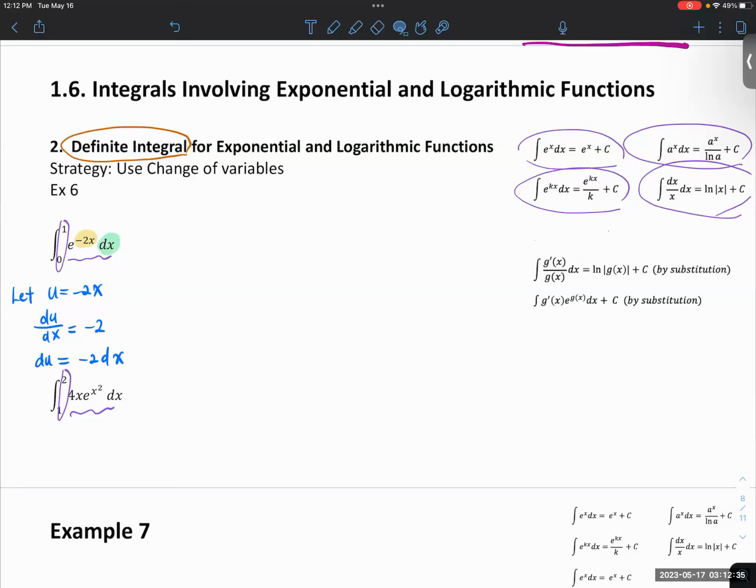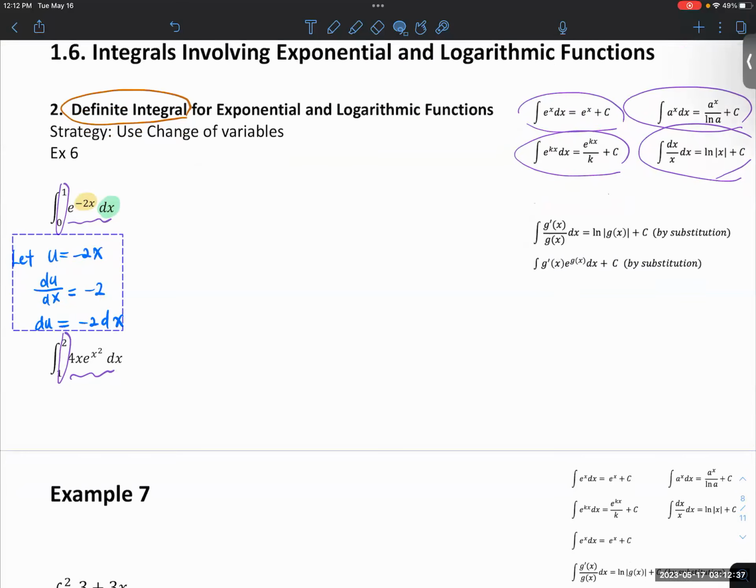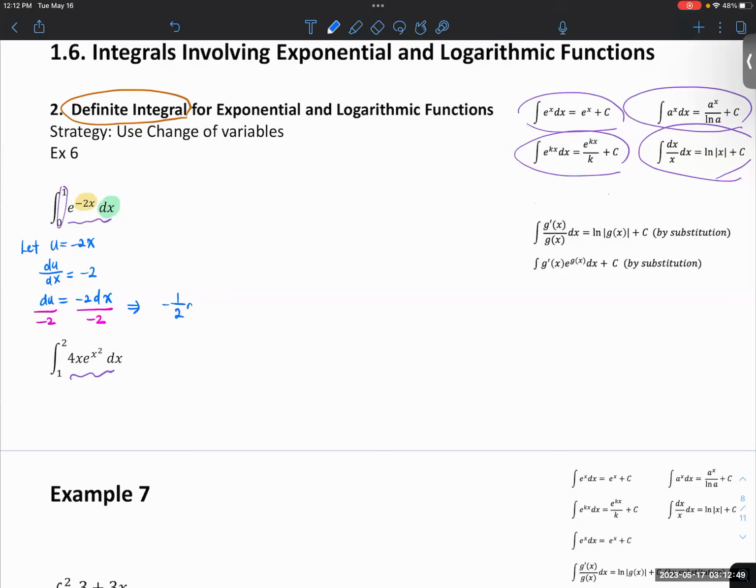So what are you guys going to do right there? I'm going to divide by negative 2. So here, divided by negative 2. Then what are you going to get? Negative 1 over 2 du equals dx. We got it. So dx equals negative 1 over 2 du.